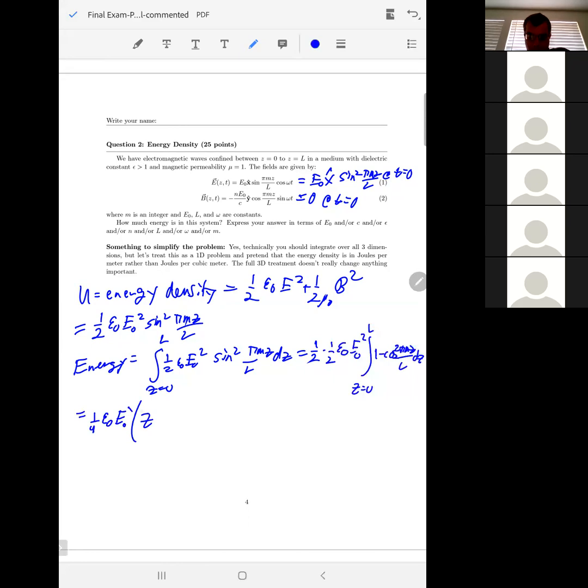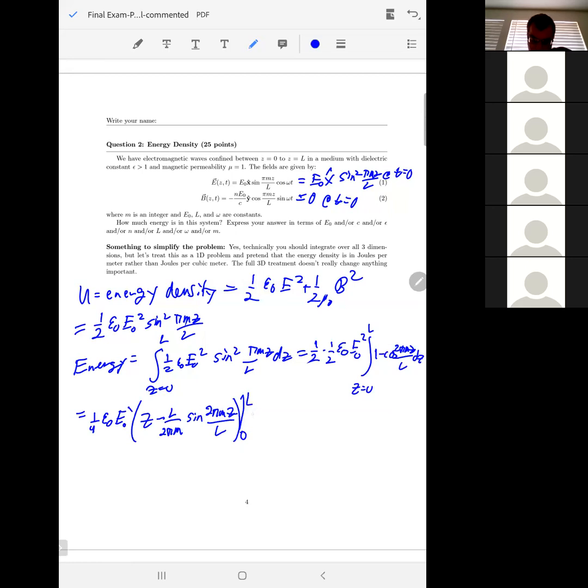The derivative of sine is cosine, so we get L over 2 pi m sine of 2 pi m z over L, evaluated from 0 to L. And remember that L over 2 pi m comes from using the chain rule when we take the antiderivative of cosine.